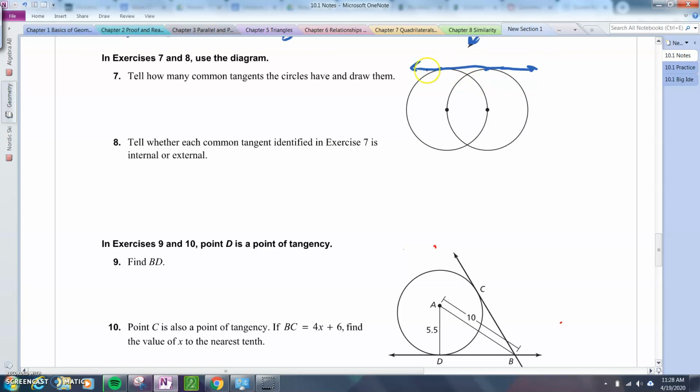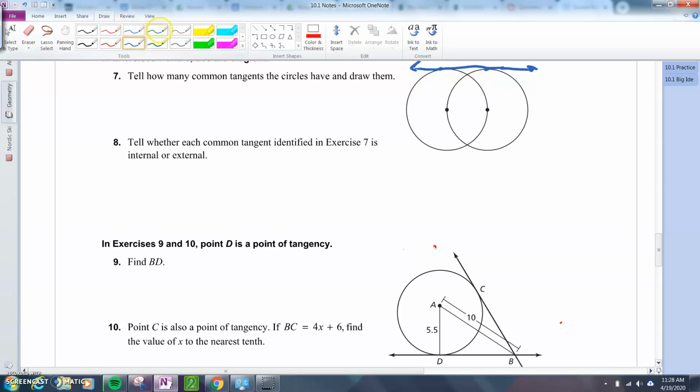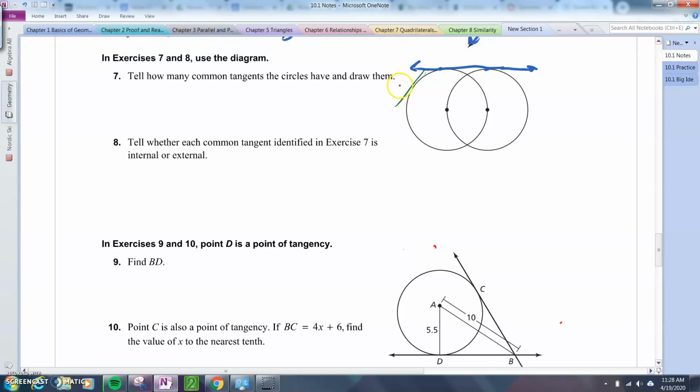And even if I try to draw, I'm going to change colors here. If I draw any other line of tangency around this circle, none of them are going to also be shared with the other circle, except for, it looks like one. It's going to be probably touching here and go through there. And that looks to be it.